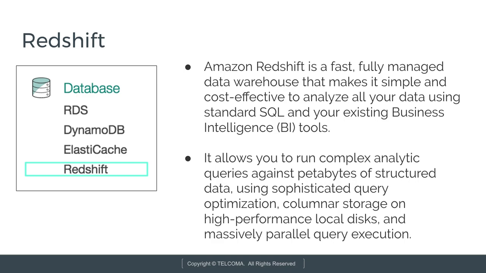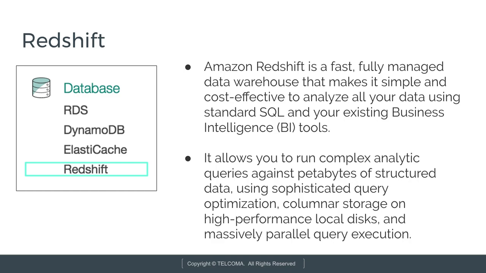Next we have Redshift. Amazon Redshift is a fast, fully managed and petabyte scale data warehouse service that makes it simple and cost effective to analyze structured data. That means Redshift is basically for structured data. It provides a standard SQL interface that lets organizations use their existing business intelligence tools.